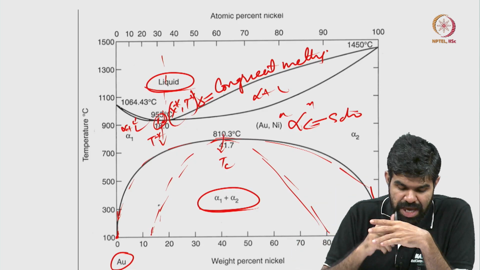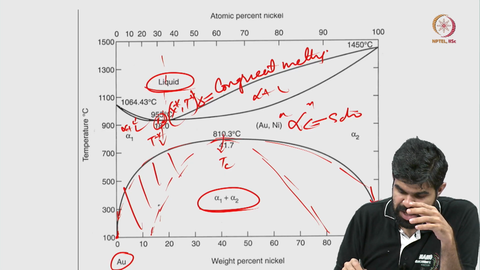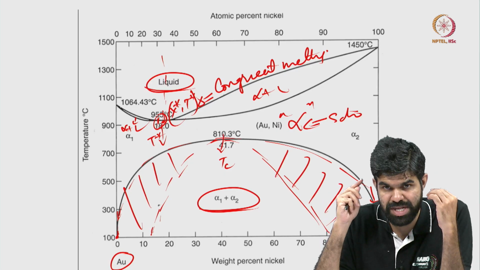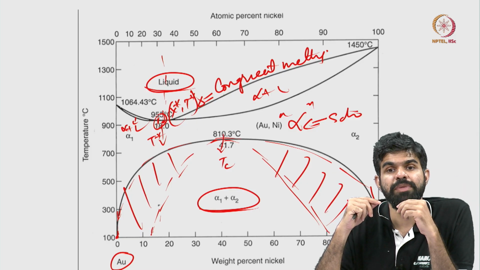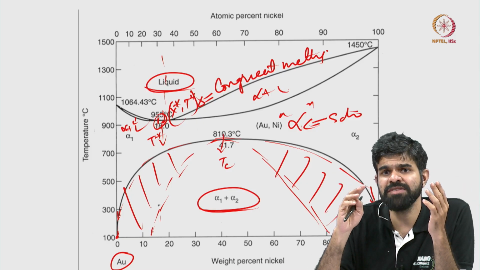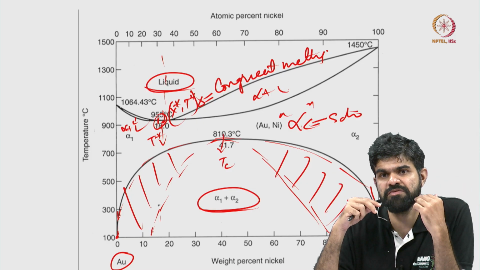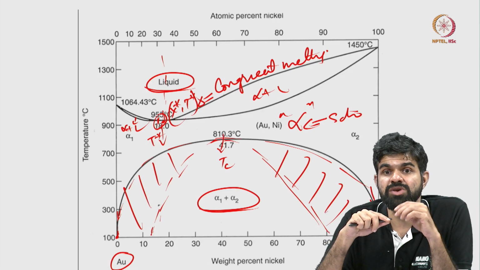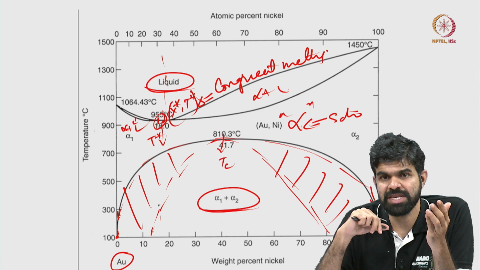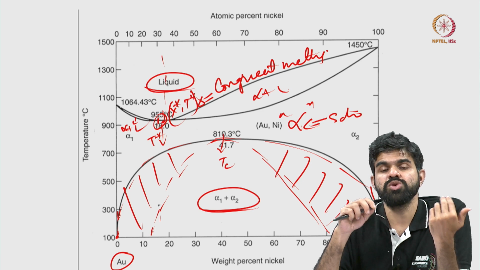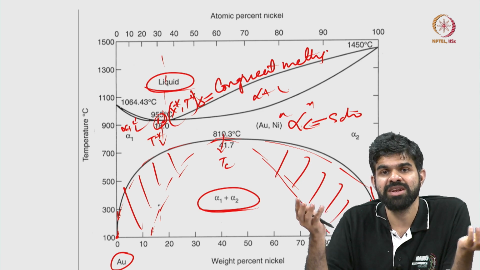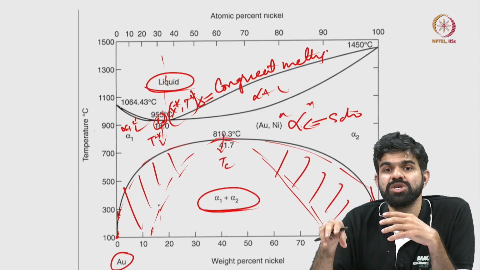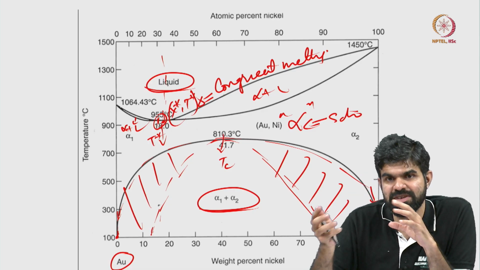Whereas in the other region, in this region for example, there is no spinodal decomposition. Alpha 1 plus alpha 2 is the stable phase, and alpha is a metastable phase, right. So, if you cool it fast enough, then you can probably stabilize it at alpha phase. It is not an unstable phase, it is metastable, but thermodynamically, given enough time and enough diffusion kinetics, it will split up into an inhomogeneous mixture of alpha 1 and alpha 2.